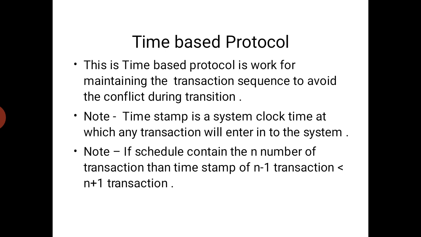The time based protocol is fragmented into two categories: number 1, transaction timestamp protocol, and number 2, data item timestamp protocol. Transaction timestamp protocol is applicable for transactions, and the data item timestamp protocol is applicable for data.